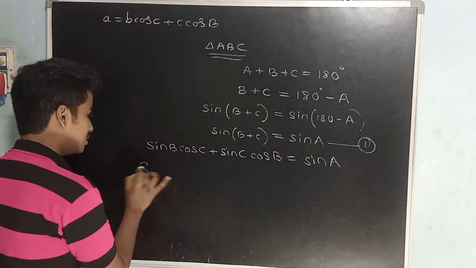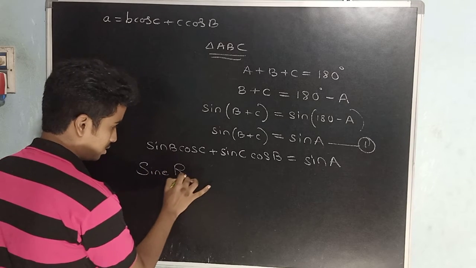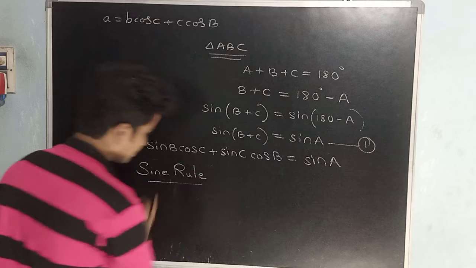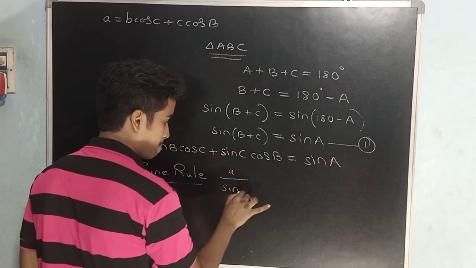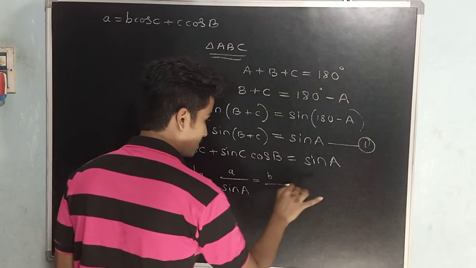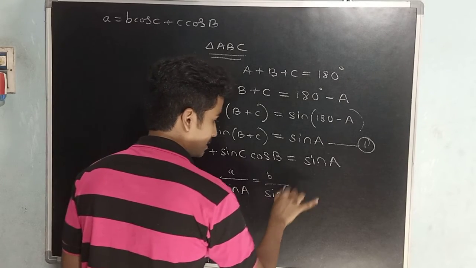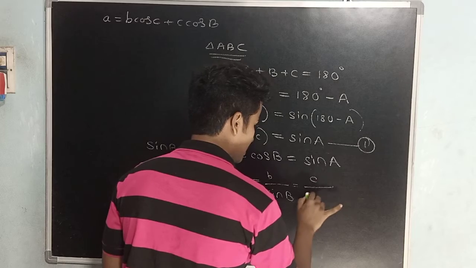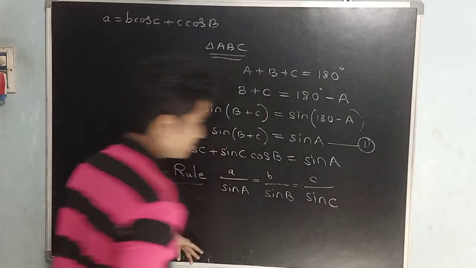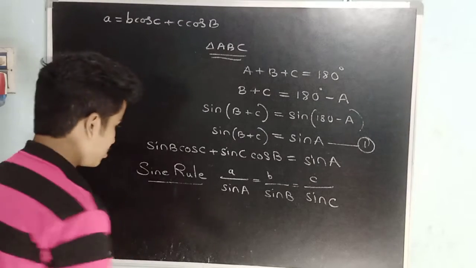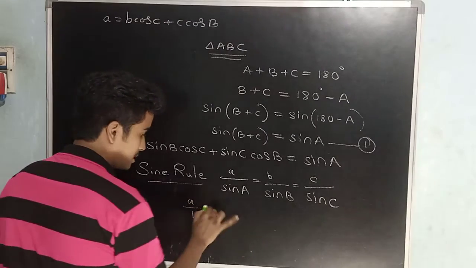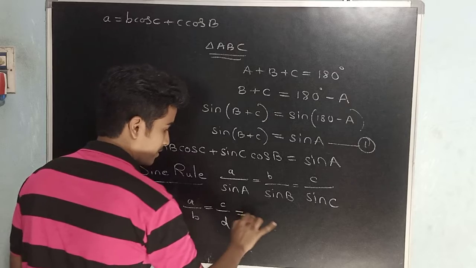Here we have the sine rule. As per the sine rule, we can see that a by sin A is equal to b by sin B is equal to c by sin C. Basically, in equating the ratios, a by b is equal to c by d.